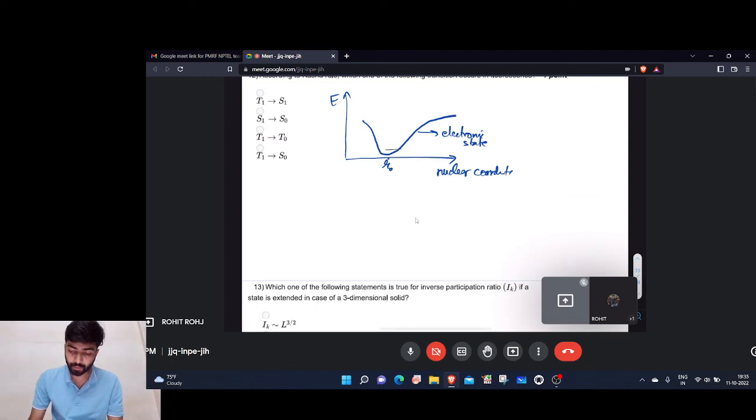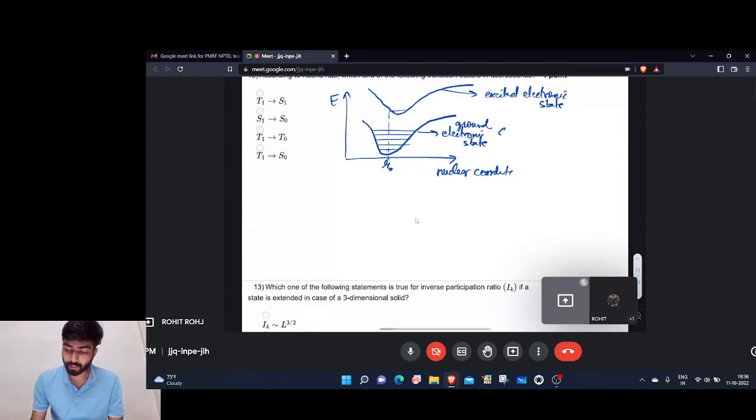This electronic state will have vibrational states in it. Now a higher excited state would have a larger equilibrium distance associated with it, as in excited states things vibrate vigorously and with large amplitude. So this is an excited electronic state, and let me call this the ground electronic state.